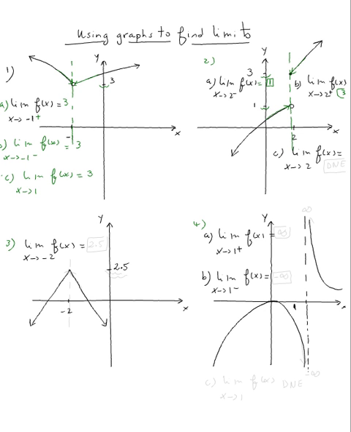And then since our right and left are not equal, 3 and 1 are not equal, here you're going to say does not exist. So the limit of f of x as x approaches 2 does not exist. In other words, there's a break. Now for number 3, it's the same thing. We're doing the limit from the right side, so we need to draw that line.